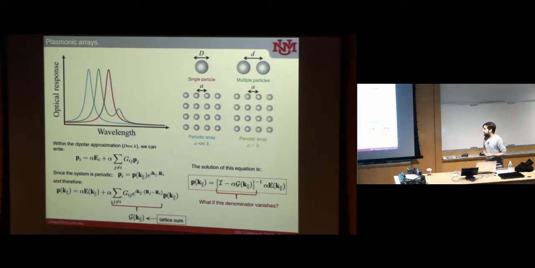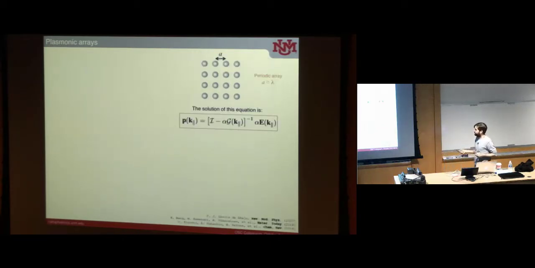Well, the answer is that we can work with a periodic array, but now the period of the array has to be comparable to the wavelength. And therefore, what we are going to be using are the diffraction orders of the array in order to boost that interaction. So the idea is the following. If you write the equation for the induced dipole on the particles, you can rewrite that taking this alpha inside of this denominator.